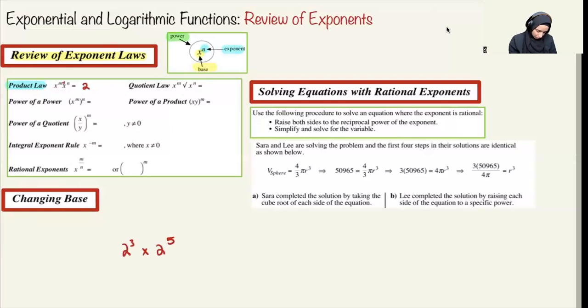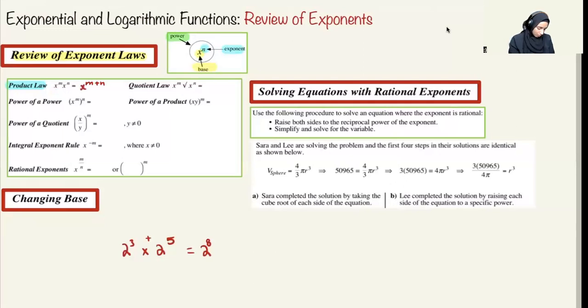That same base over here is x, but in our example, it would be 2. We add the exponents, and so it's 2 to the power of 8. Here it would be x to the power of m plus n, because we don't know what m plus n is, so it simplifies to m plus n.